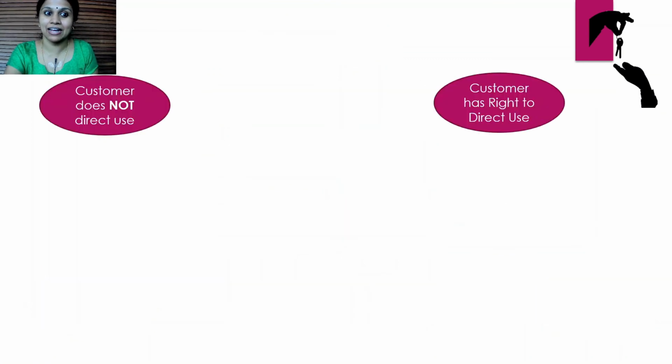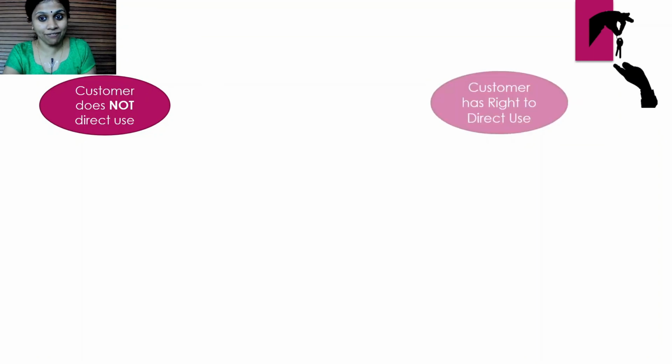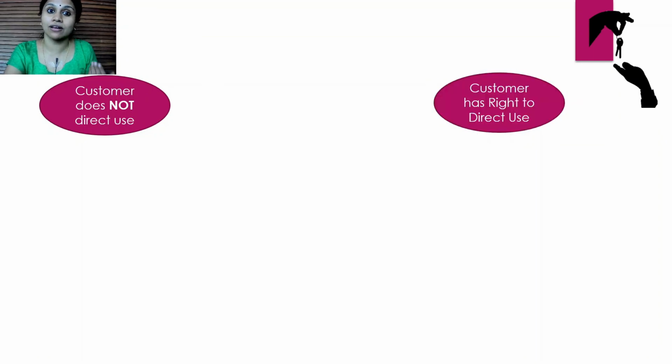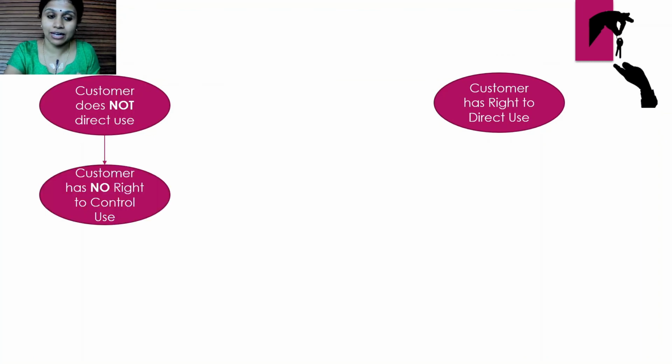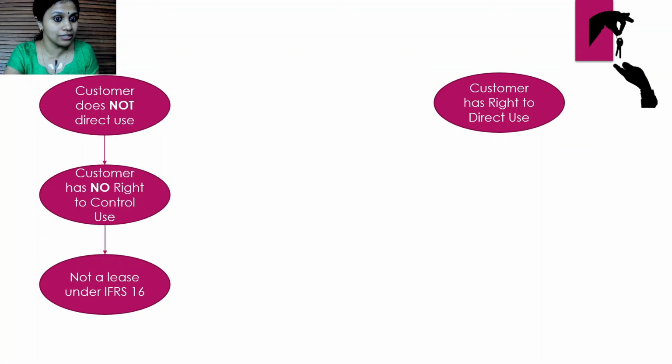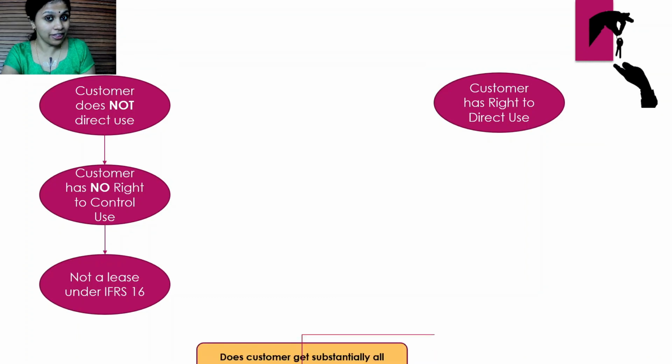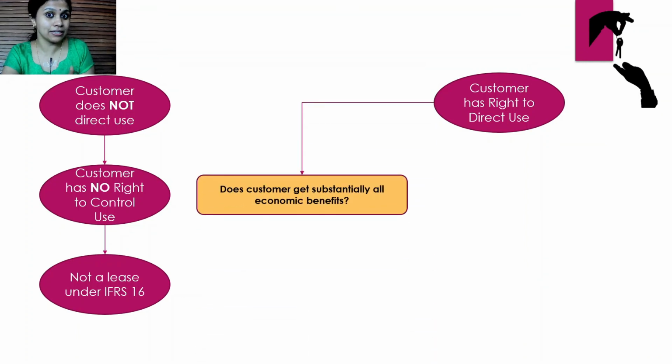So, from the previous slide, we see that the customer may have the right to direct use or the customer does not direct use. If the customer does not direct use, he has no right to control use, and therefore this is not a lease under IFRS 16. Now, if the customer does have the right to direct use, then you check, does the customer get substantially all the economic benefits relating to the use of the asset?